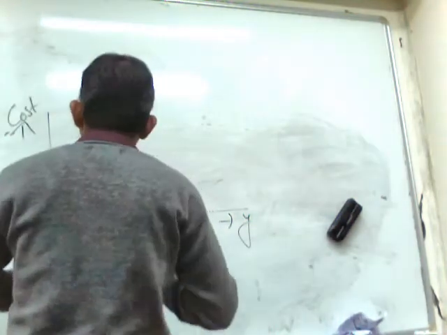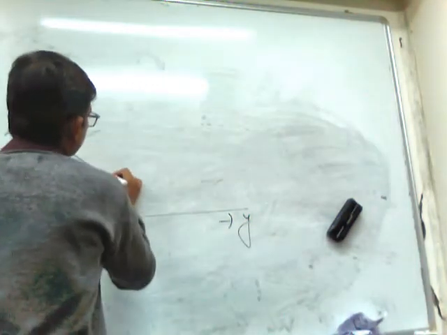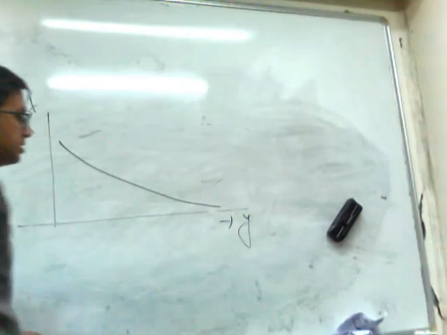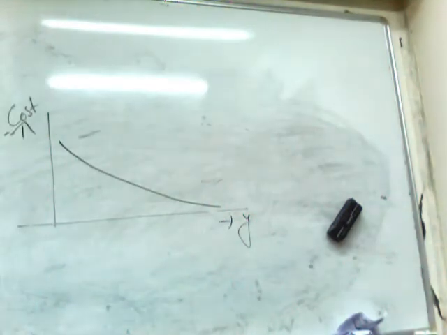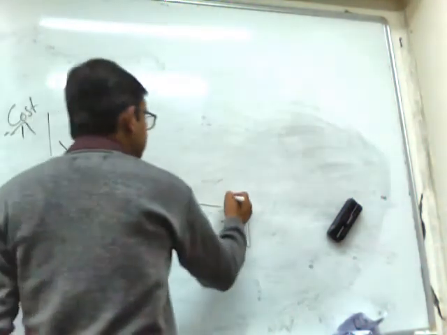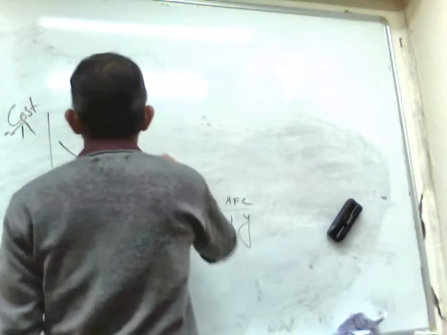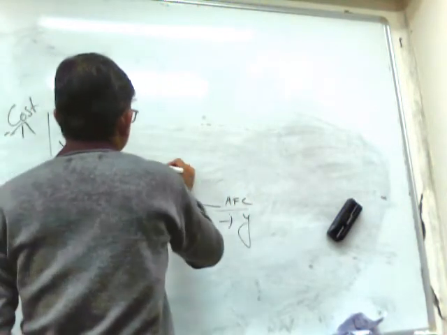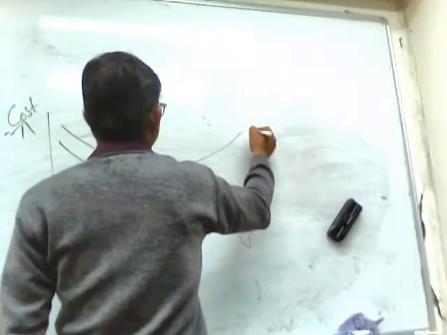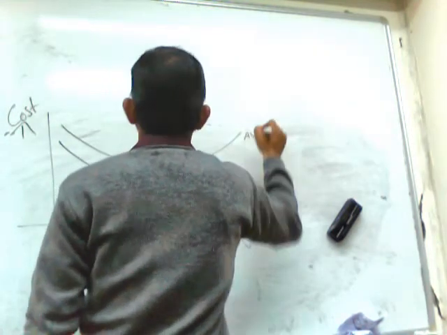So now, this is our average fixed cost curve, AFC, and this is our average variable cost curve, AVC.